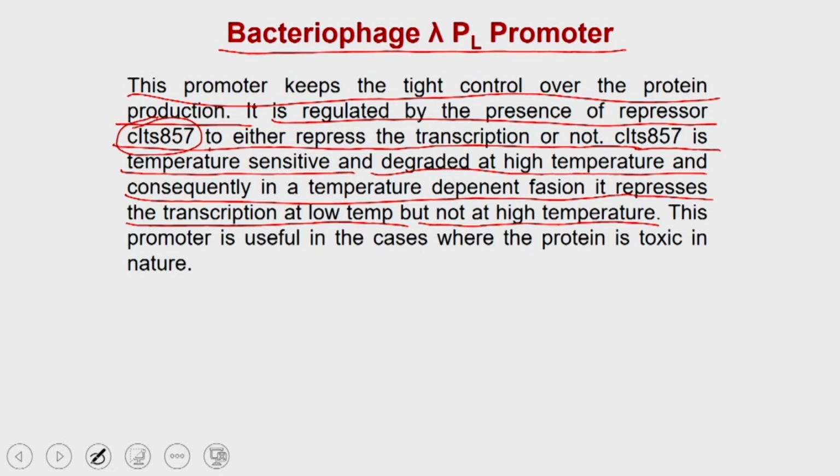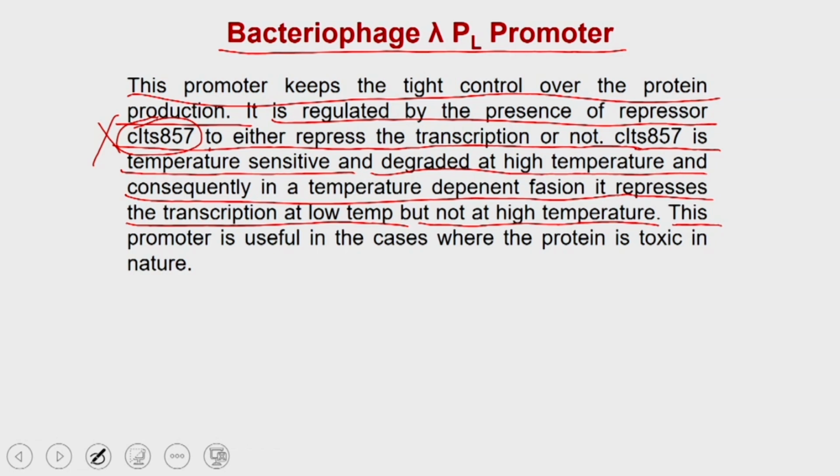At low temperature it is going to function and repress the transcription, but if you change the temperature from 37 to 42, that will degrade this repressor, and once it is degraded, there will be no repression on the promoter, and as a result it is going to give you the protein.